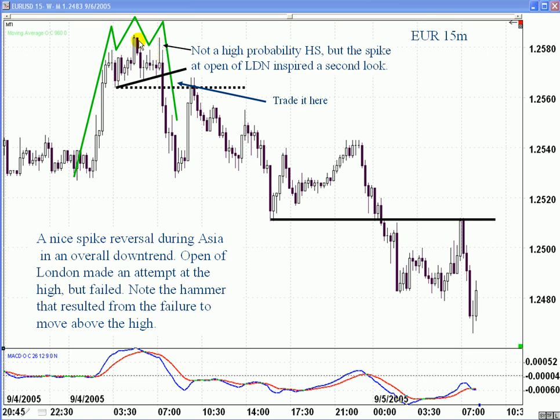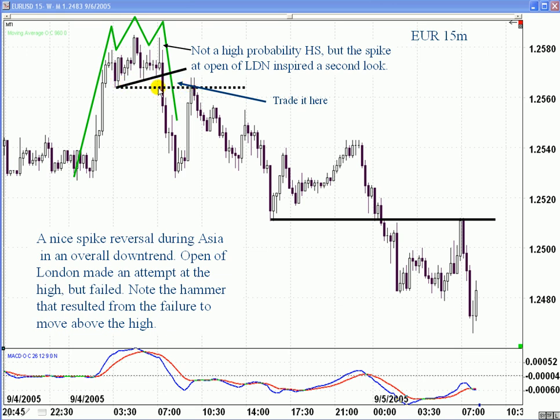And this is late Asia, early London session. Actually, this is kind of late Asia, and then this here is early London. And when early London comes up and does this one, you don't have to trade it in here if you don't want to. There is a trade in there, but you can also trade when it starts to run away using your ideal trade entry rules, of course, which could be this one right here.